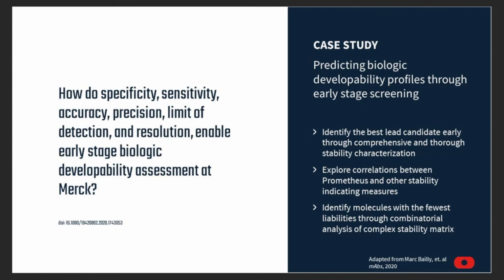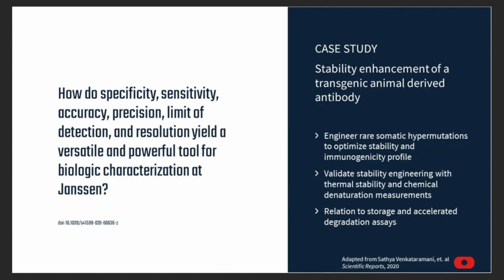Those same properties were critically important even for early stage discovery work at groups like Merck, where there's this publication on predicting biologic developability profiles through early stage screening. By all means, you can go online and find this publication through this DOI.